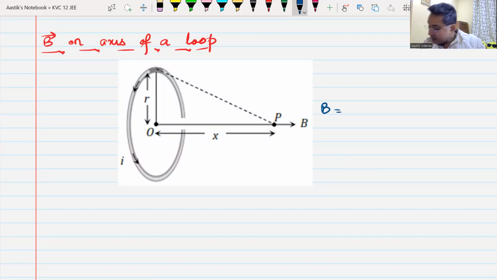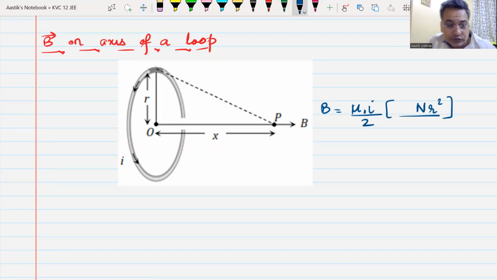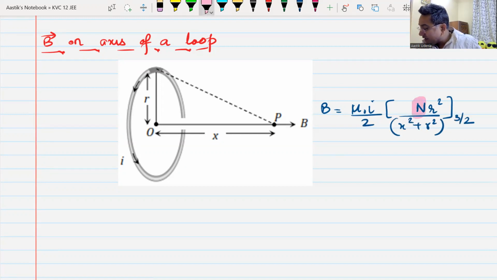Magnetic field B is mu naught I by 4 pi, I always keep mu naught by 4 pi, then 2 pi into n into r square. If you don't want to write 2 pi, you can cut this 2 pi and just write 2, depending on how you want to see it, into x square plus r square raised to the power of 3 by 2. Here you must remember, what is this n?